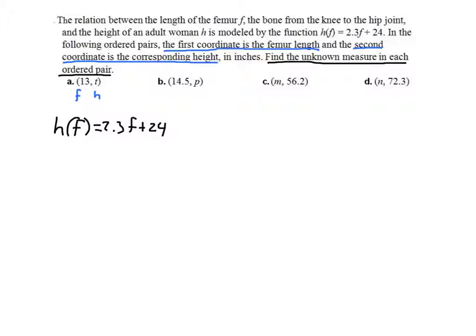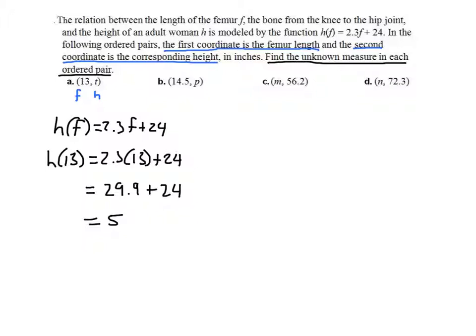So we are then plugging in 13 for the femur length. H of 13 equals 2.3 times 13 plus 24. Well, what is 2.3 times 13? 29.9 plus 24. 53.9 inches.